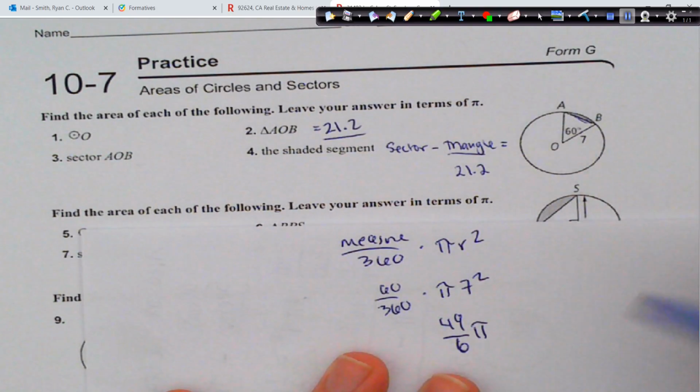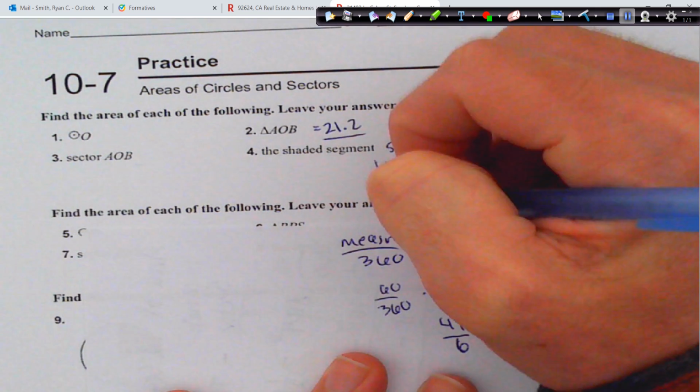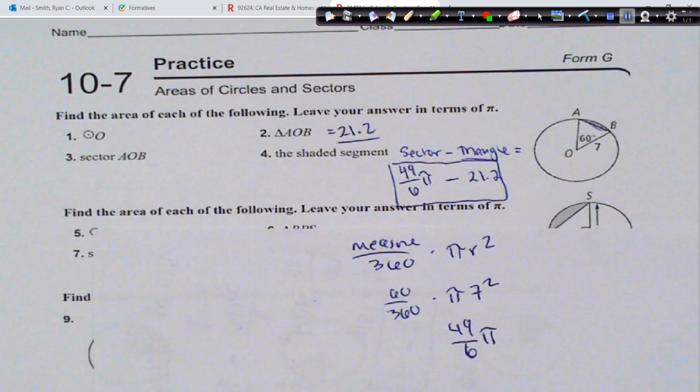So this is 49 over 6 pi, and then subtract the triangle, and that's actually your answer, because in terms of pi you would just leave it like that. If it wasn't in terms of pi, then you could just evaluate that in your calculator, and you get about 4.45.